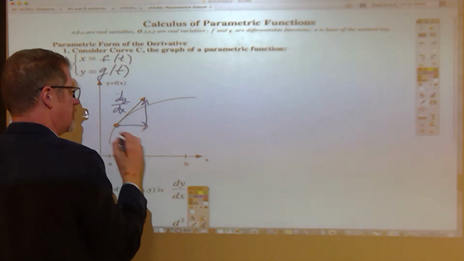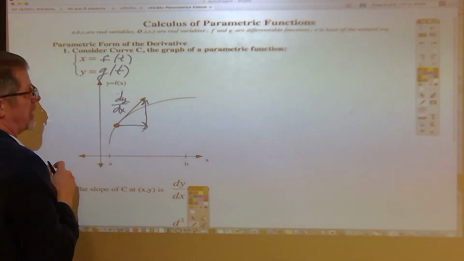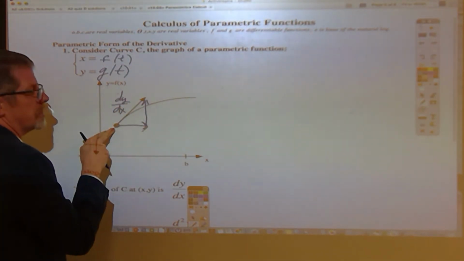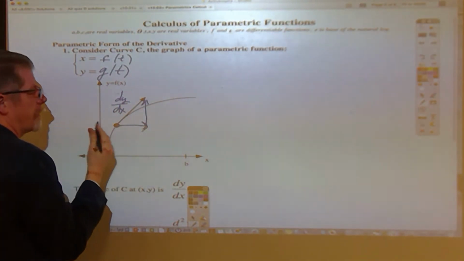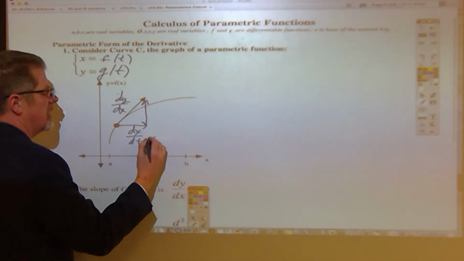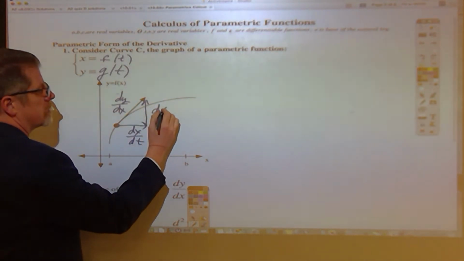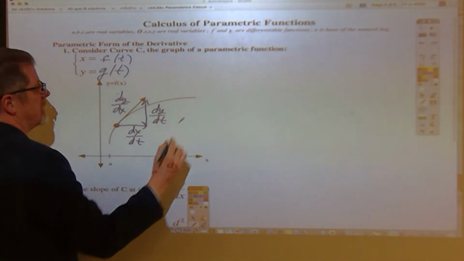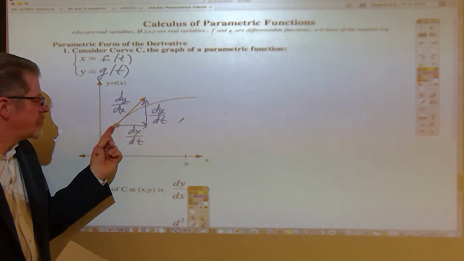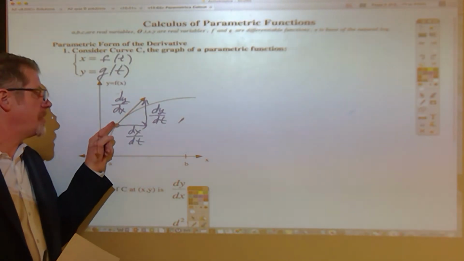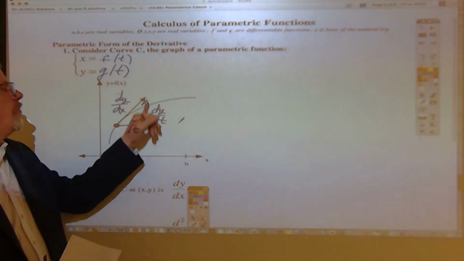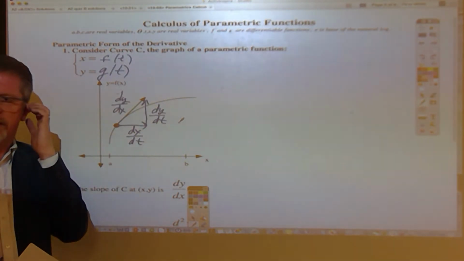And so, again, this is a velocity vector, but it's also the slope of the tangent line drawn to the curve. So we're going to break this up into a horizontal component of dx/dt and a vertical component dy/dt. Now, this is like baby Elia. She's moving at, let's say, 3 feet per second to the right. Let's say she's moving 4 feet per second vertically.